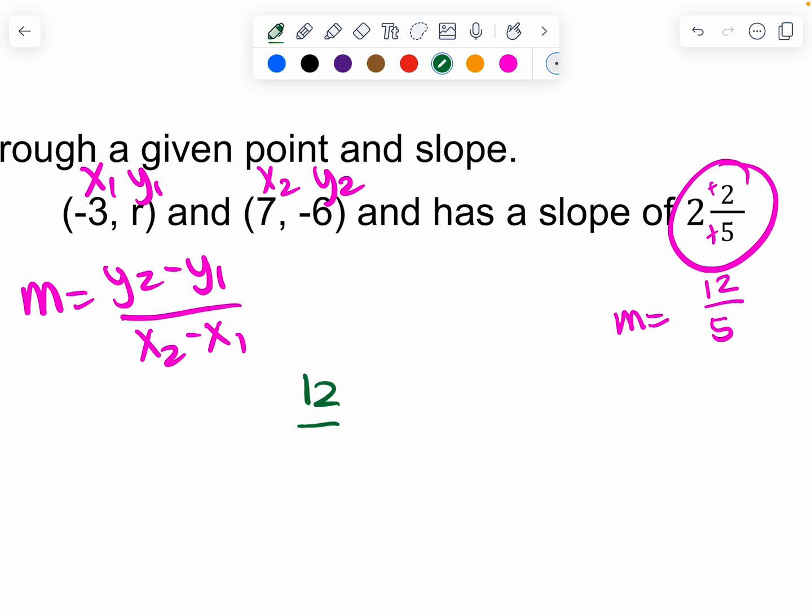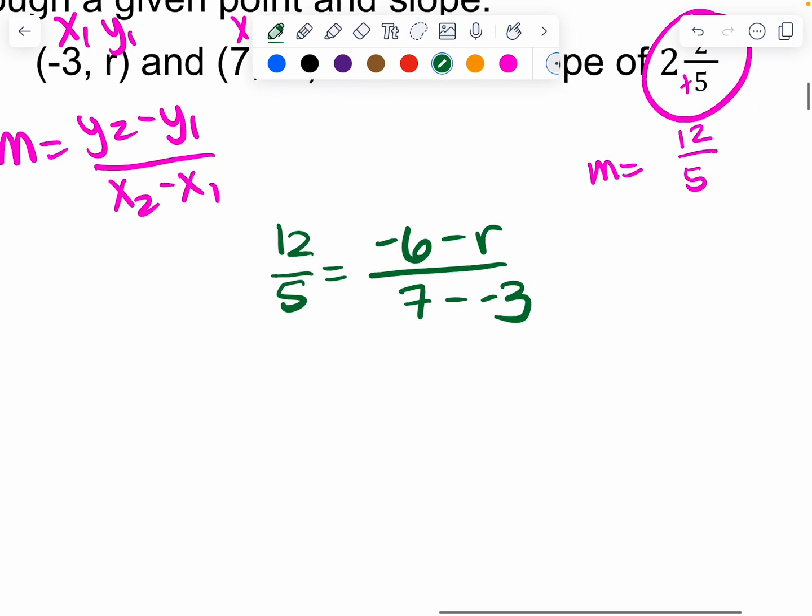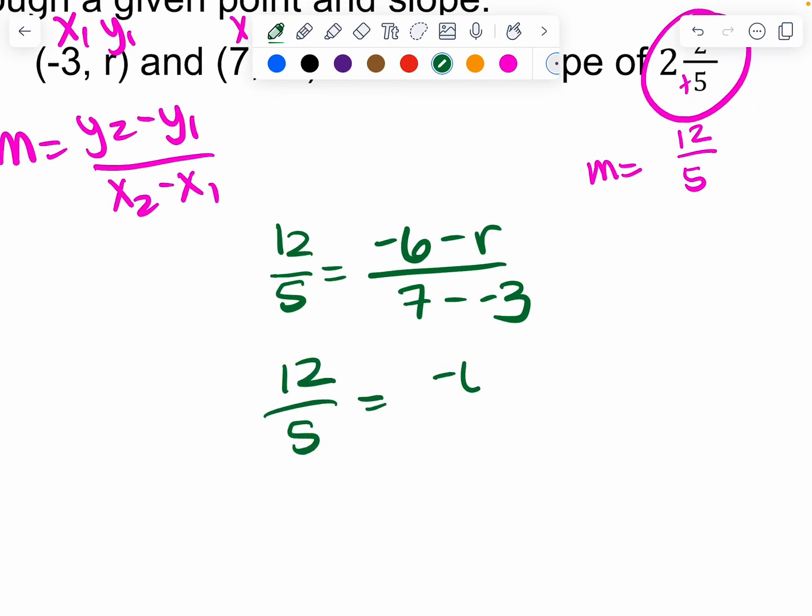So 12 over 5 equals negative 6 minus r over 7 minus negative 3, which is 10. I multiply and I get 120.